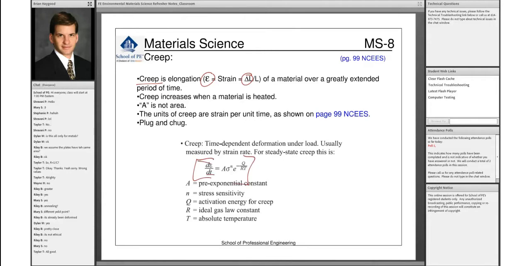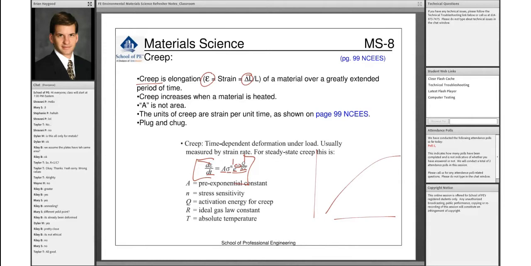The change in strain over a change in time is A sigma to the n e to the negative Q over RT. Any e to the negative something or other phenomenon looks like that.